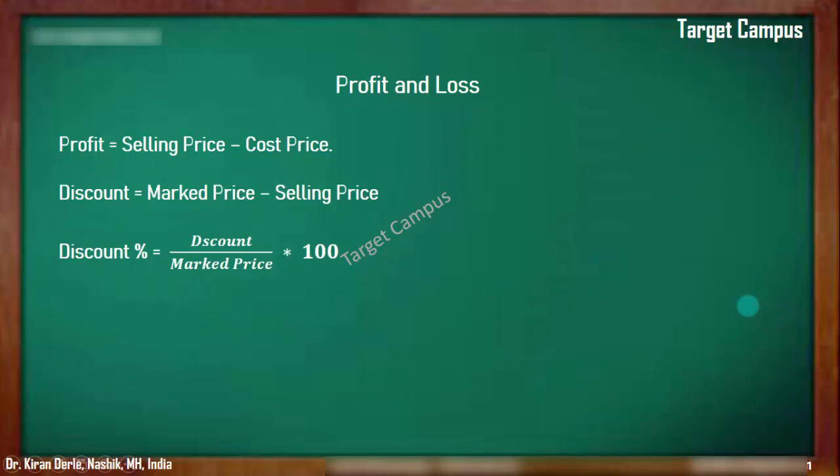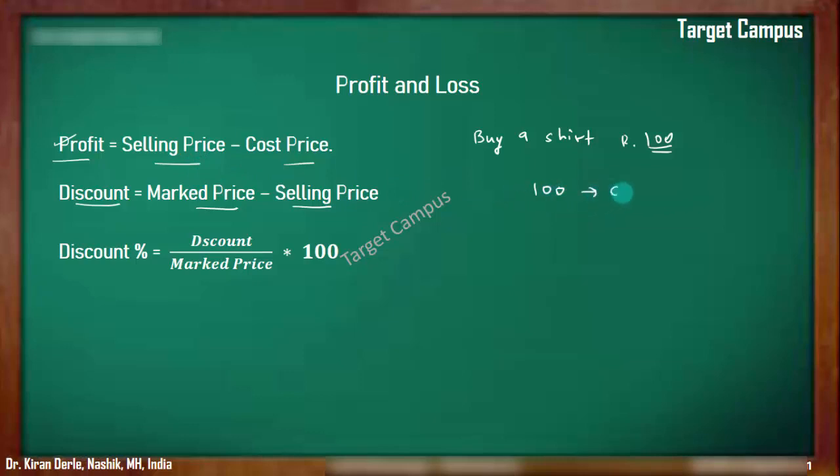Let's go ahead. Profit is equal to selling price minus cost price. This we have seen already. In continuation of that, discount is equal to market price minus selling price. What is discount? Let's say a trader buys a shirt for, let's say, rupees 100.